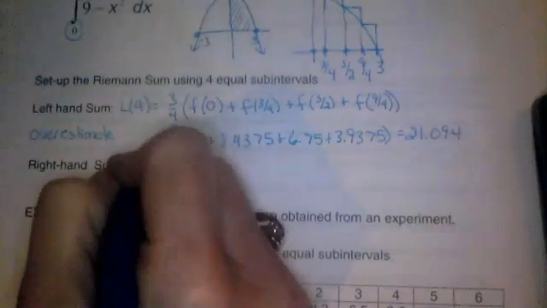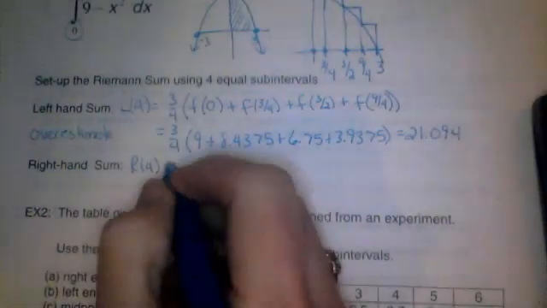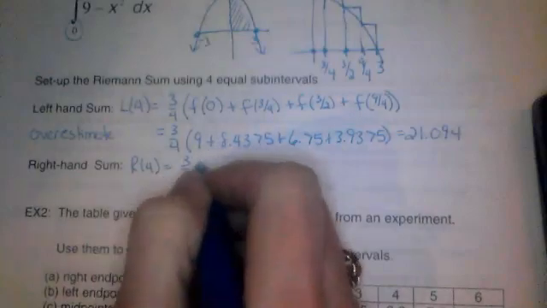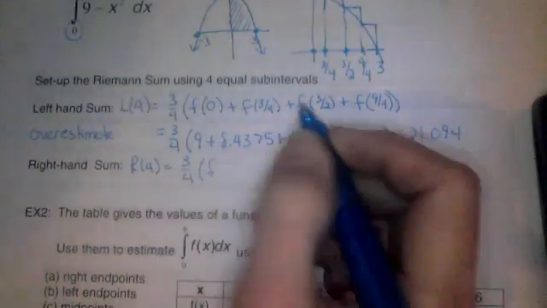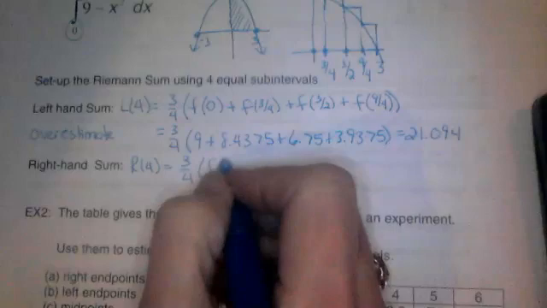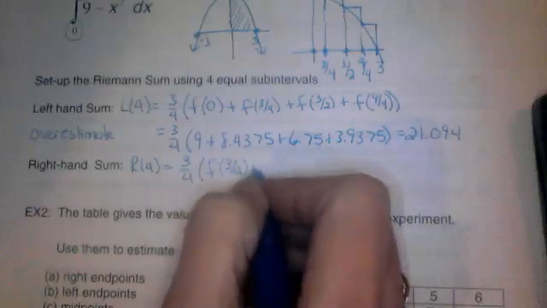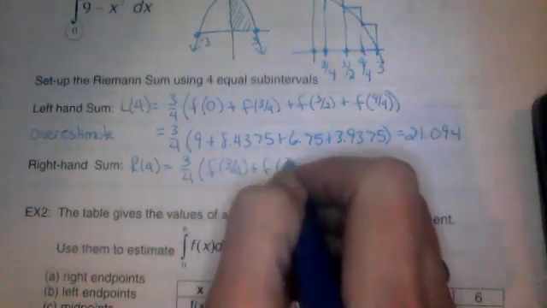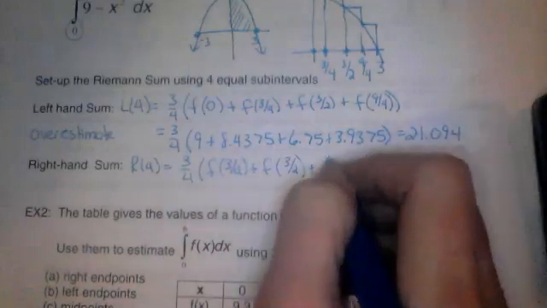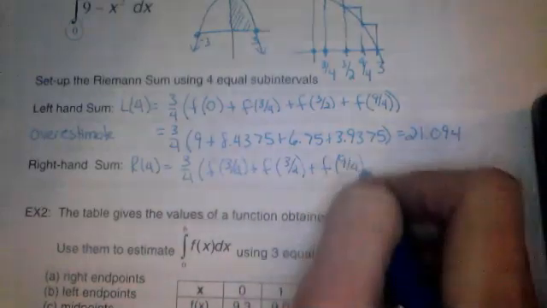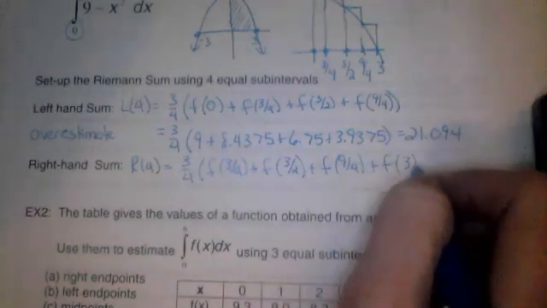All right, we're going to do the same thing this time using the right-hand sum, the one I drew first. So this time, still 3/4 wide. We're going to find f of the right would be 3/4 first, plus 3/2 plus our function at 9/4 plus our function at 3.